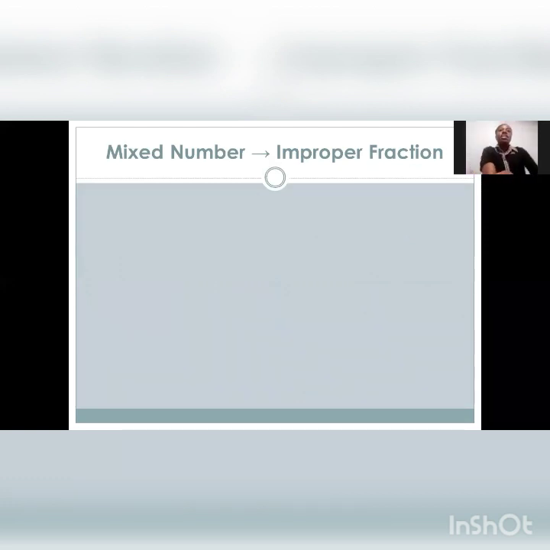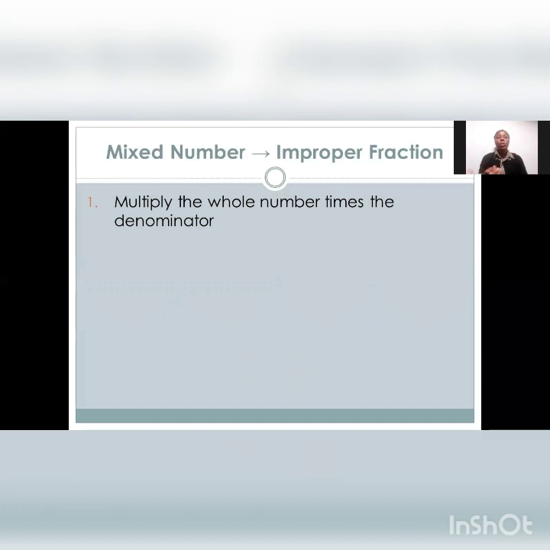So in order to make a mixed number mad, we have to follow these steps. First, we want to multiply the whole number times the denominator. Then we want to add the answer to the numerator.